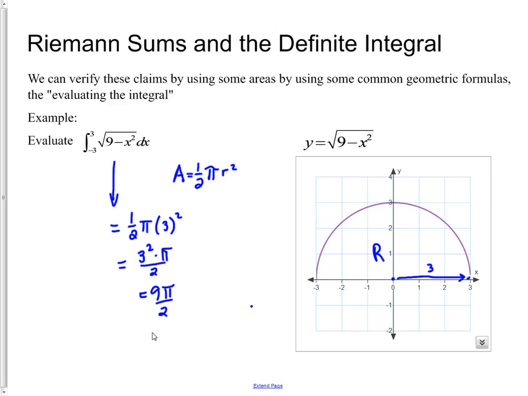As a decimal, that's about 14.14 square units right here if we were checking. But that is our area under here, and that is the value of our definite integral.